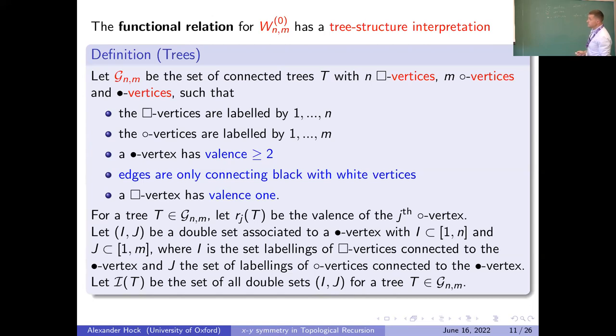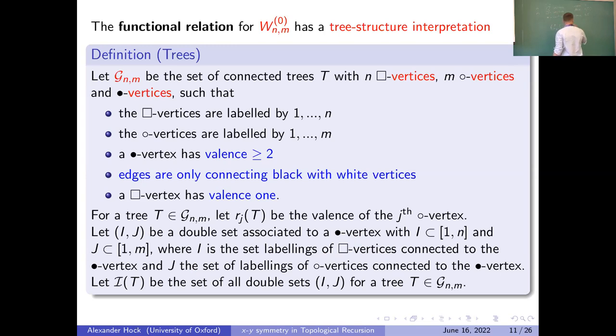So any valence. And then I associate to the jth round white vertex the number rj of t, which is the valence. So the jth vertex has this valence rj of t, and the black vertex is uniquely classified by a double set ij.